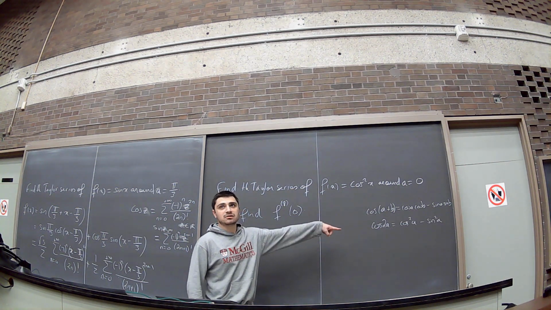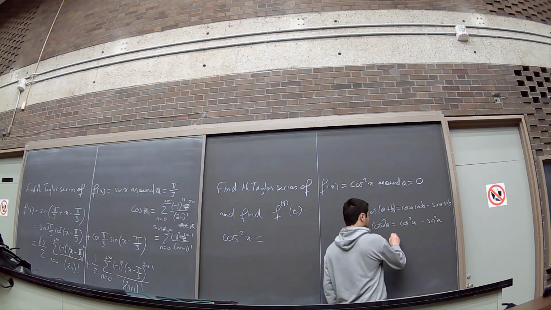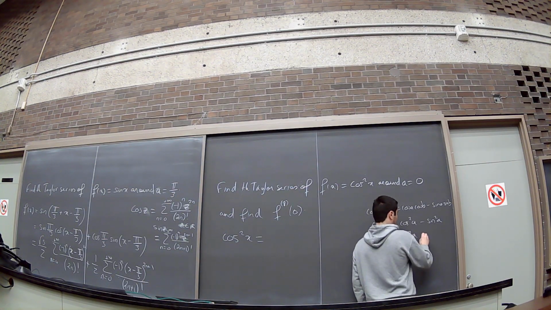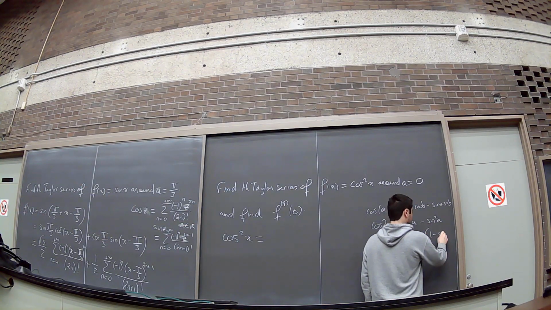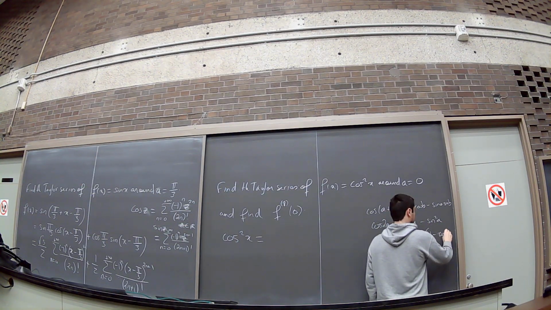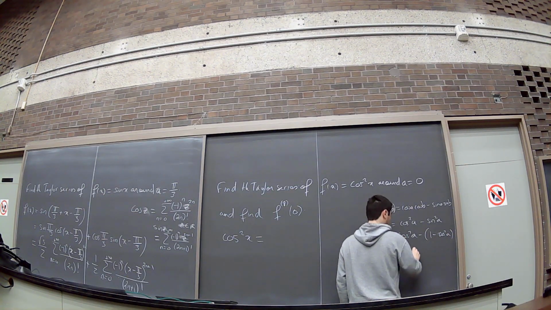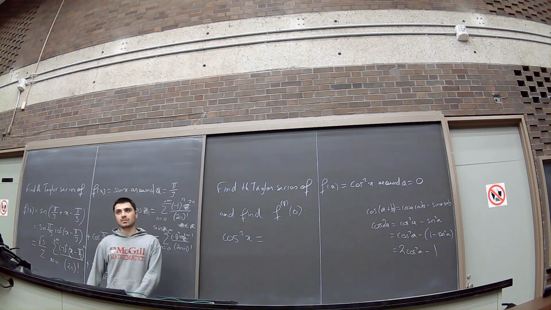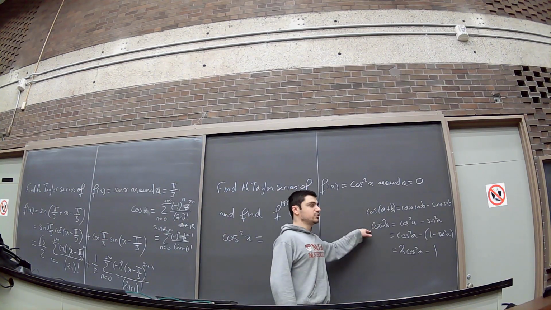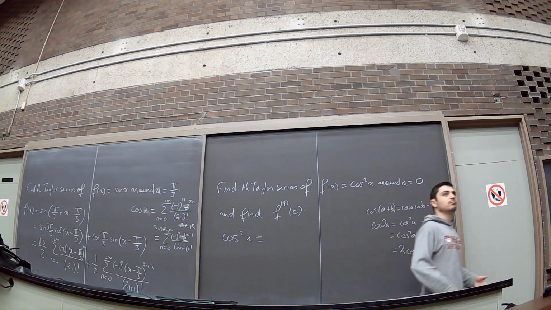So what is sine squared in terms of cos squared? 1 minus cos squared, right? Cos squared A minus 1 minus cos squared A. Boom. So you get 2 cos squared A minus 1. Now you want cos squared A in terms of cos 2A. Take the one on the other side and divide by 2. Okay?